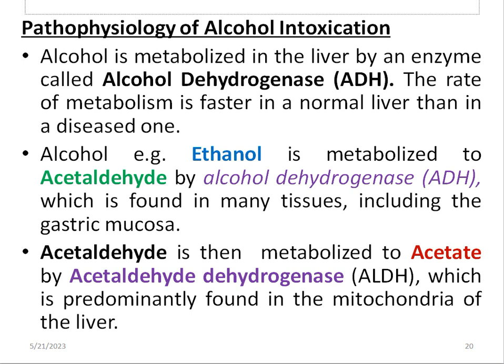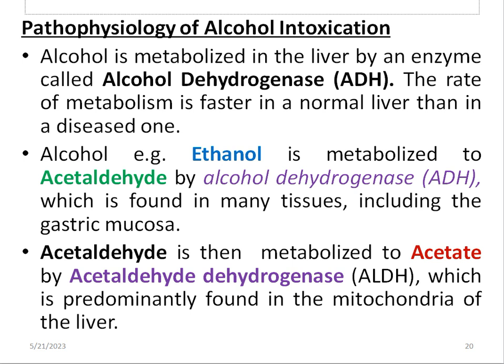The alcohol dehydrogenase enzyme is found in many tissues, including the gastric mucosa. This is the enzyme that breaks down ethanol to acetaldehyde.